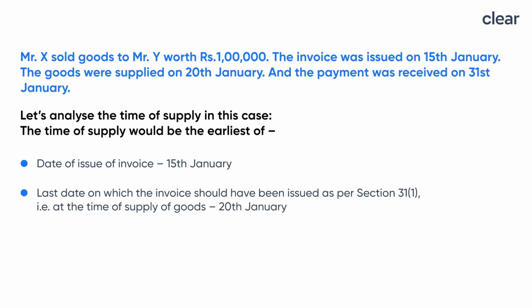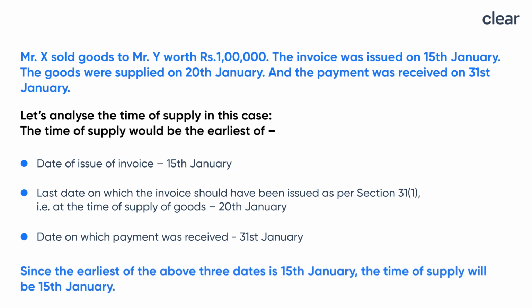Number 2, last date on which the invoice should have been issued as per section 31(1), that is at the time of supply of goods, that is 20th January. Number 3, date on which payment was received, that is 31st January. Since the earliest of above three dates is 15th January, the time of supply will be the 15th January.